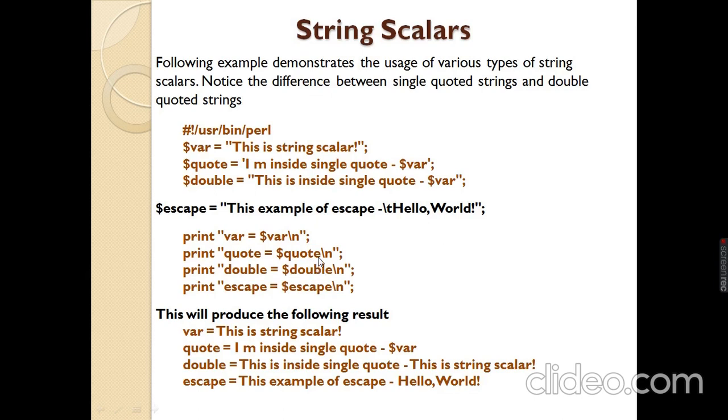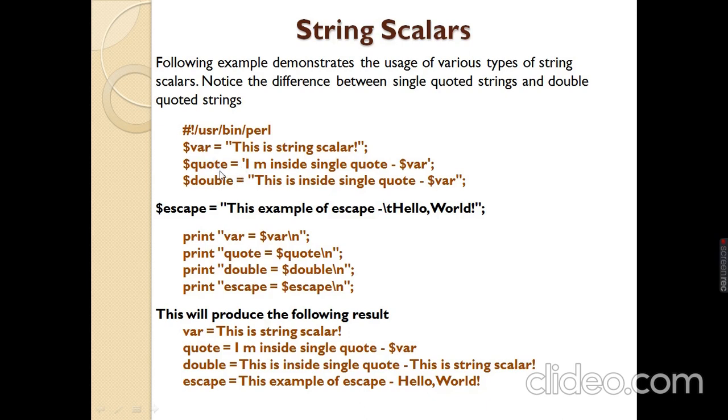Similarly we can use string scalars also. Notice the difference between the single quote and double quote which I mentioned in this example. You can see the first line, var variable, and we are using double quote and we are storing a string scalar. This string scalar is stored in the var variable.